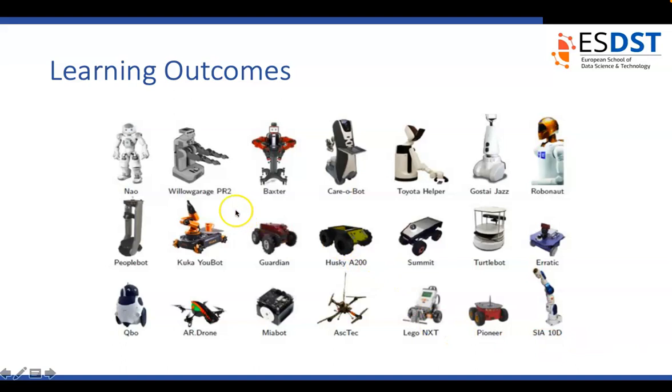As you can see, Willow Garage, Toyota, Kuka, everybody uses ROS, and ROS is being used as an industry base for robots. So learning ROS is a very good quality to have. In the near future, if you look for jobs as a robotics software engineer, it's one of the basic requirements that you need to know.